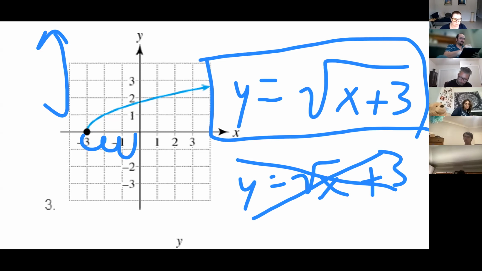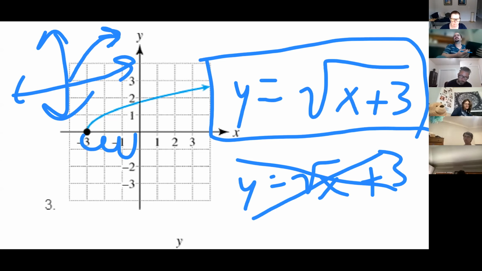So when we look at the normal square root function, it's usually right here on the 0, 0 and makes that little shape coming this way. And so we move that thing. Yeah, we moved it to the left 3 to get it to start at -3, 0 instead of 0, 0. Okay, so I was getting both of them backwards because I was looking at the arrow, but I need to be looking at where it started. Yeah, where that point shifted.